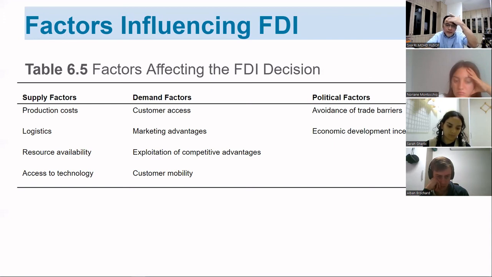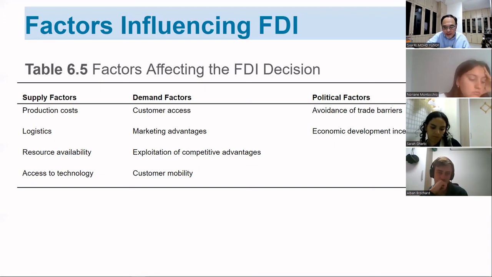And also economic development incentives, political factors. If there is an incentive package, for example, the state of Alabama provided 700 million US dollars to Toyota to locate their 1.6 billion dollar factory there, in Huntsville, Alabama.